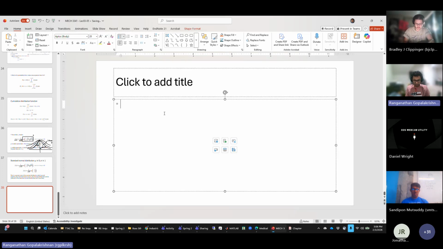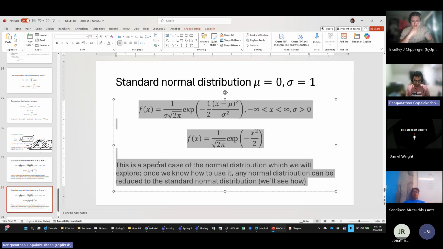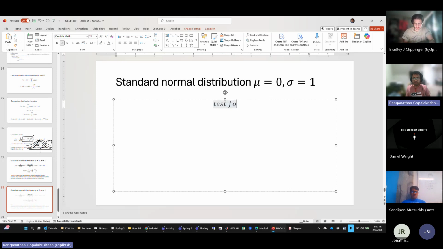Remember, for this distribution, your sigma is 1. And I want you to go back a few lectures where we did a test for normality.